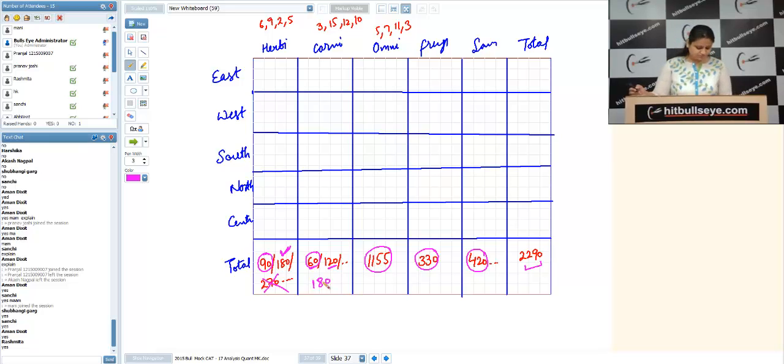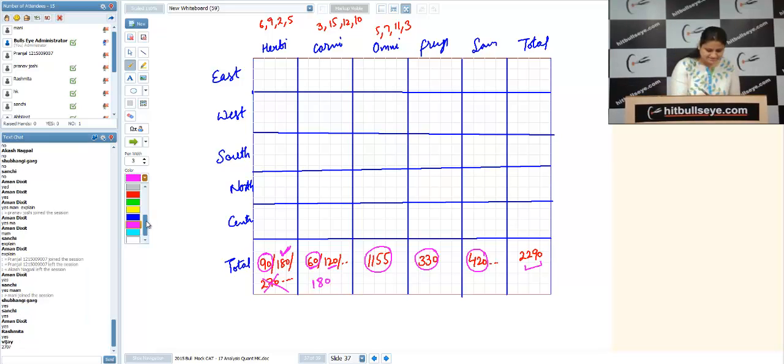Now coming to the table, let us see. It says that 1/6 of the herbivorous are in the east wing. So it can be 15 and 30. I'm taking all the possible values. 20, 40, 60, that was the toughest part of these calculations. 231, 33, 35.